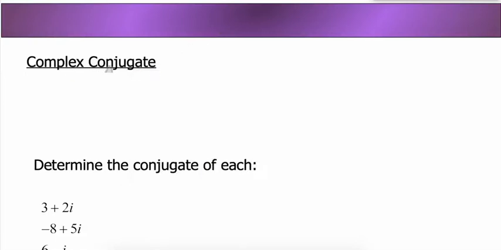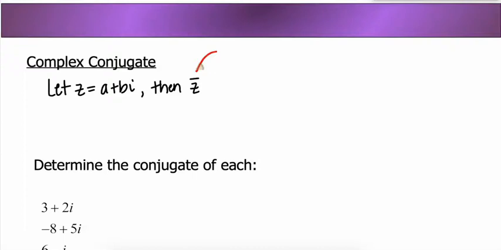Here's a definition of a complex conjugate. If we let z equal a complex number a plus bi, then z with a bar above it is called the conjugate, z conjugate.